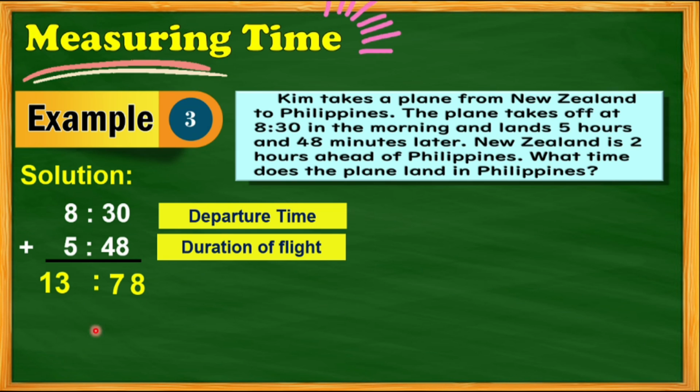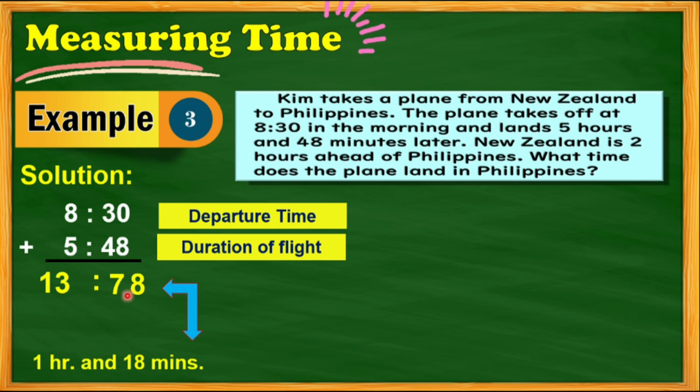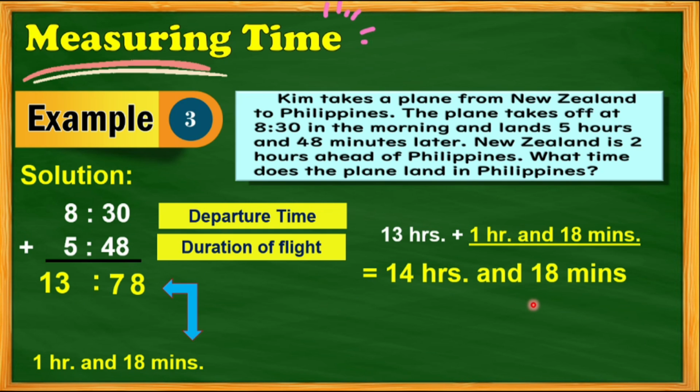But as you can see, it is in 24-hour format. And as you can see, the number of minutes is over 60. So we need to convert 78 first. So it is 1 hour and 18 minutes. Subtract 60. 78 minus 60 is 18. Then 60 is 1 hour. So 1 hour and 18 minutes can be added to 13. So 13 plus 1 hour is 14 hours and 18 minutes.